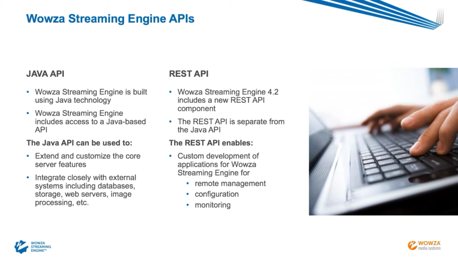So you can use the product to integrate with other systems, whether they be web servers, databases. You can even deal with things like images and storage and other pieces. So this API also allows you to get down into the low-level aspects of content manipulation, creation, and delivery.